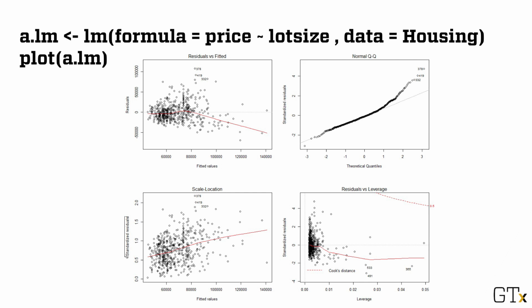In this example, we are using the housing data set and doing the simple regression where price is regressed on lot size, and we use the plot function in R, and we have seen the top 2 plots earlier.